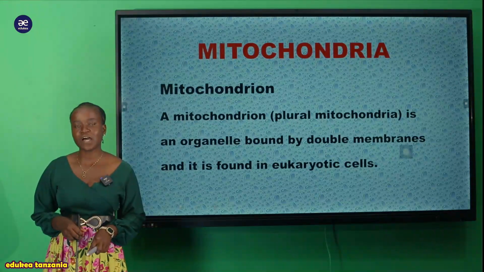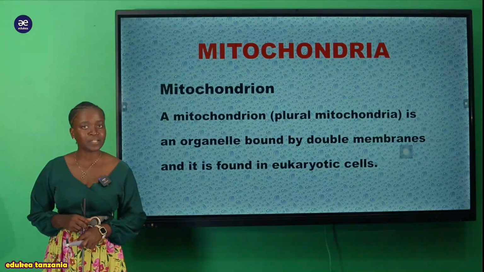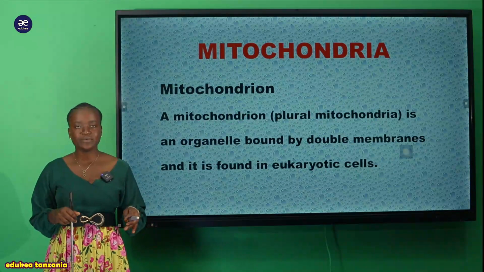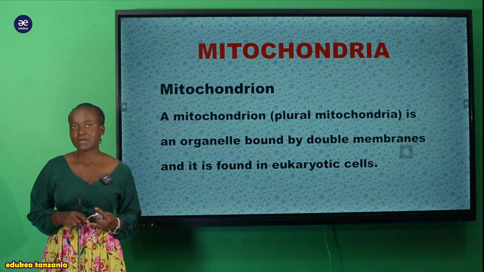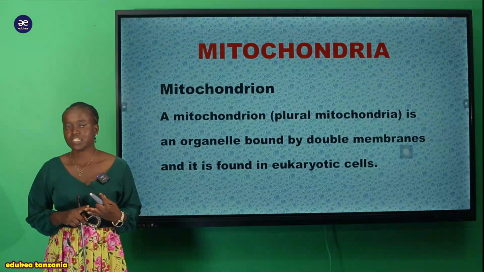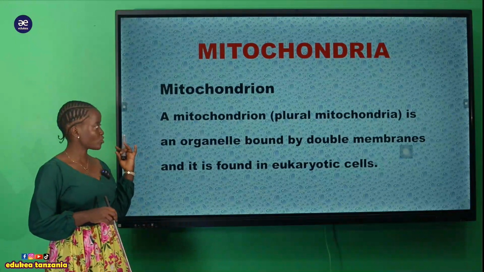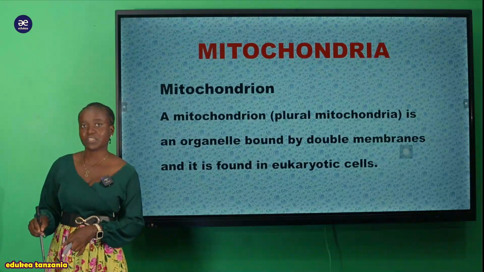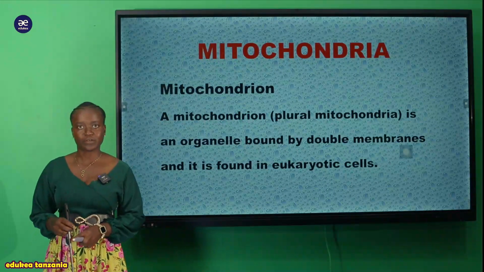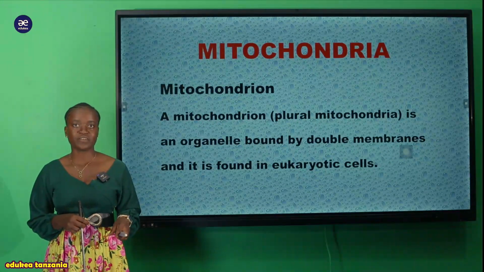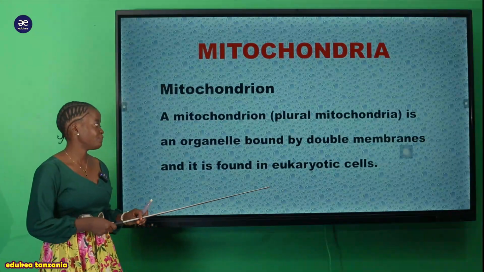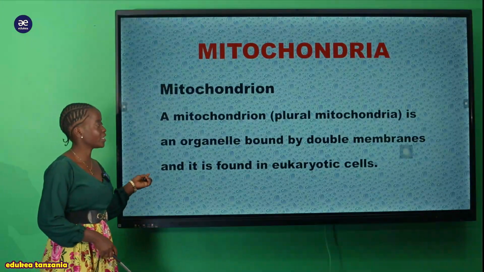One of the eukaryotic cells, we have seen, is the plant cell together with the animal cell. Mitochondria will not be found within the prokaryotic cell. That will be very difficult. So it is only found in the eukaryotic cell.